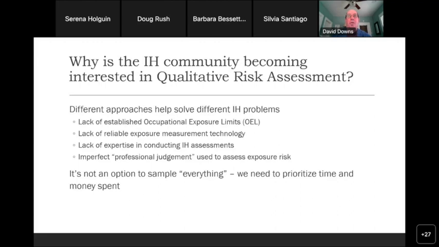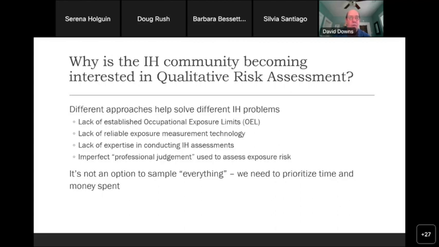And how many chemicals do we have out there? If you look at the EPA's TSCA inventory, there's something like 88,000 chemicals that are out there in use in the workplace. And so in some cases, we just don't have established exposure limits to help us make the judgments that we were just talking about.